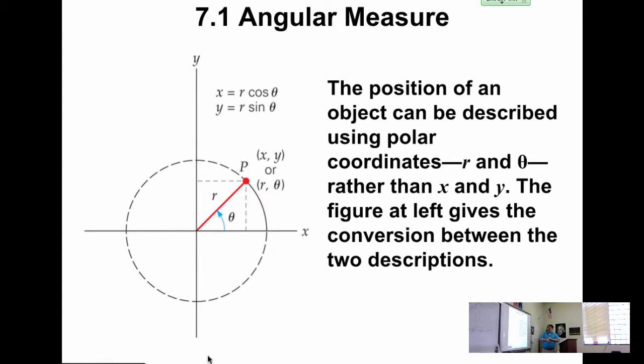So let's talk about angular measures. Well, if I draw a circle on the xy plane at the point P, normally this point P on the xy plane is x comma y. But if I take that point that's on a circle, by the way, a circle by definition is all the points equidistant from the center, we can describe this position of an object by using polar coordinates.